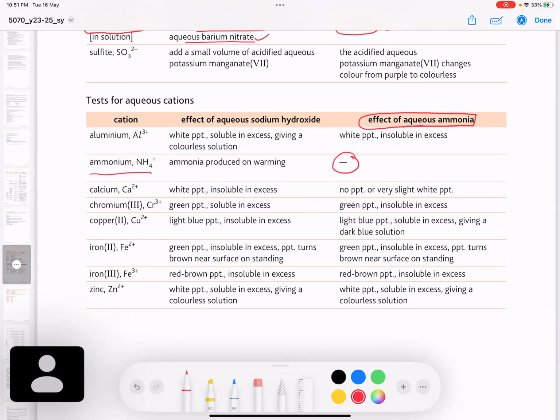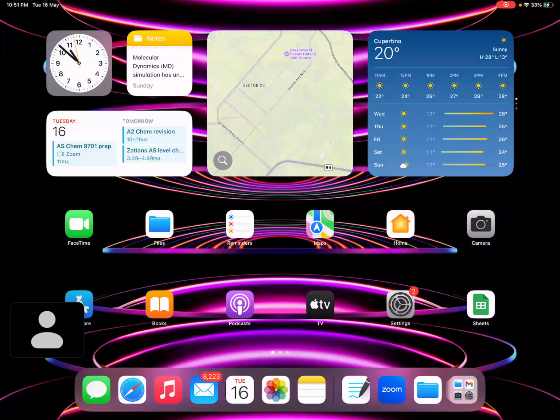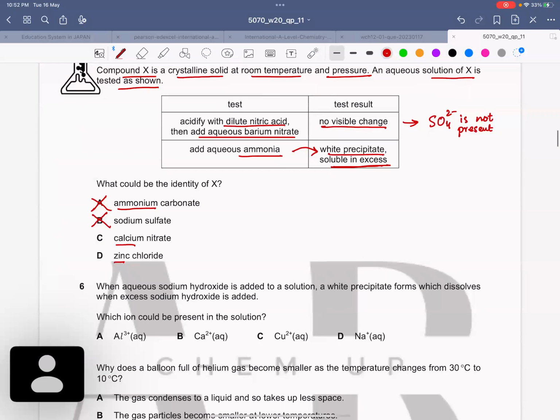Now, look again. They are saying that with aqueous ammonia, white precipitates are observed which are soluble in excess, which means now we have to figure out whether it's calcium or zinc. In this case, zinc is the correct answer because calcium doesn't show a white precipitate with ammonia.